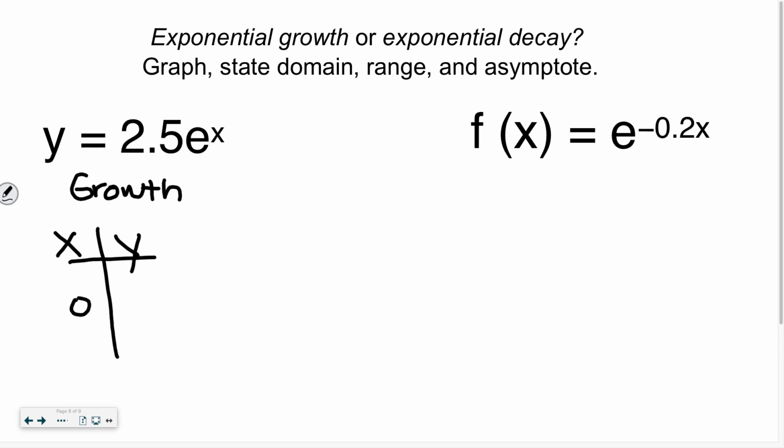0. 1. Negative 1. Yeah, I usually try to do some positives, some negatives, but you could add 2 here if you wanted. Okay, and now just type them in your calculator. You could type in your calculator 2.5 and then get your natural log for your e and then raise it to the -1.